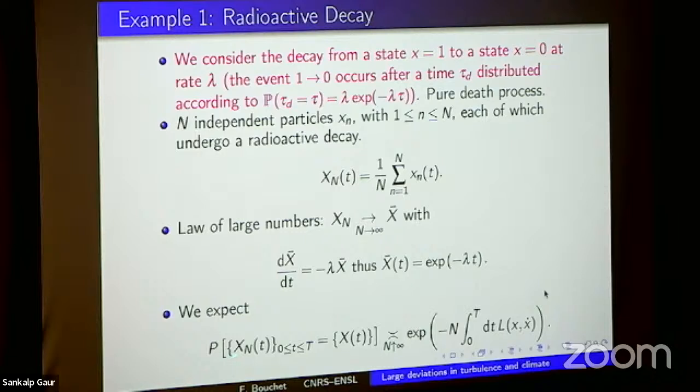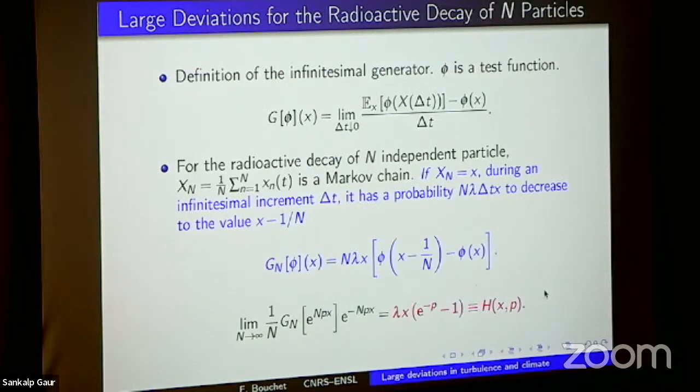Then you look at the probability that X_n is equal to x. Using the rule I said before, you can write a large deviation rate function where you get the exponential of minus n multiplied by some action. Then it's a very simple exercise to compute the infinitesimal generator, and to compute the formula for the Hamiltonian I wrote before, and I get a Hamiltonian, whose action is here.